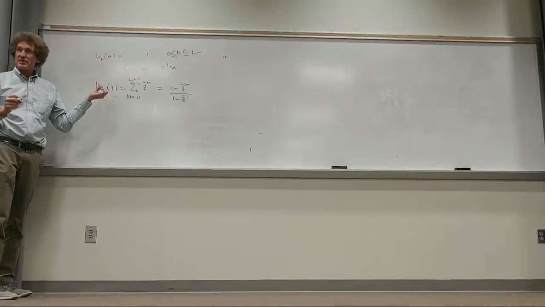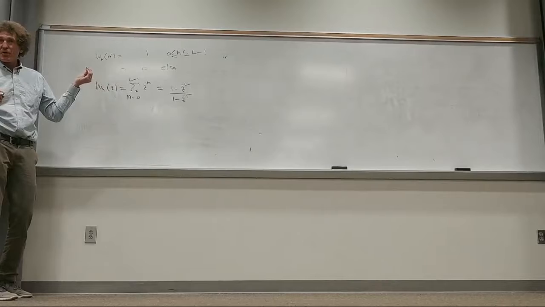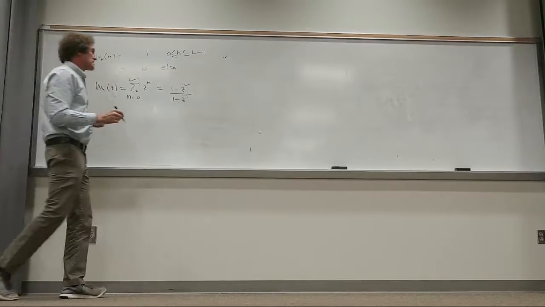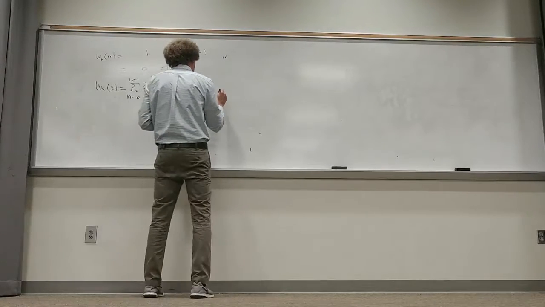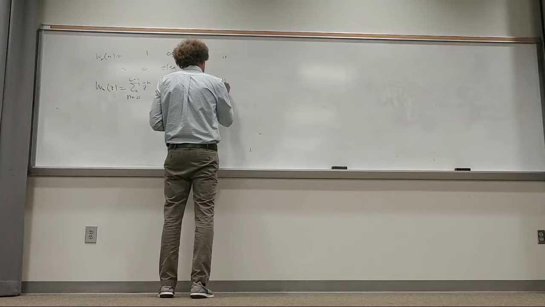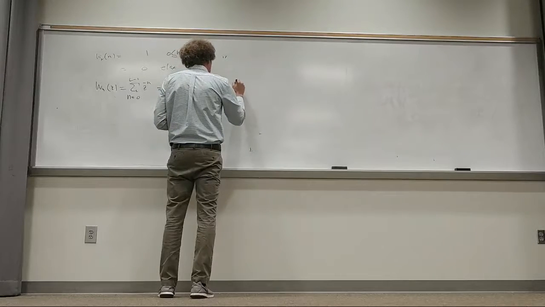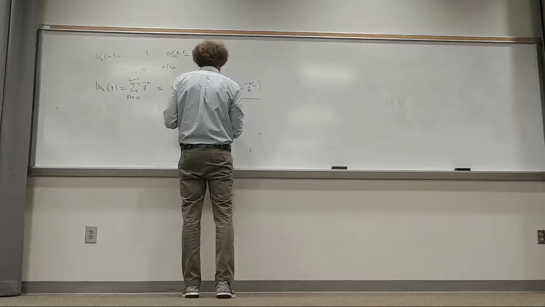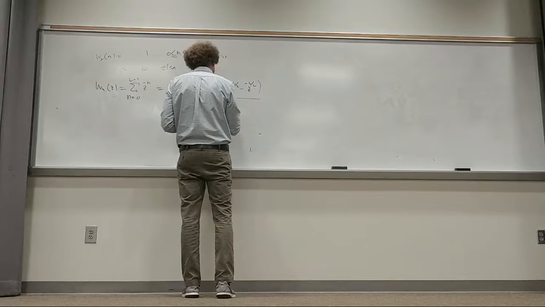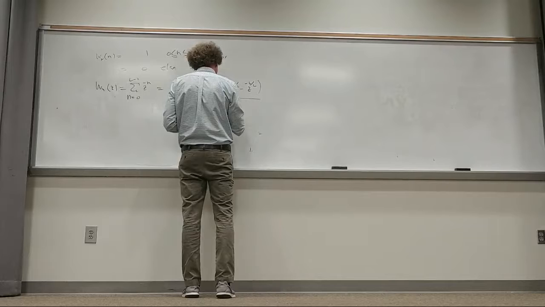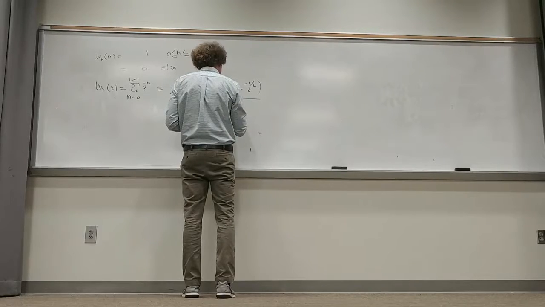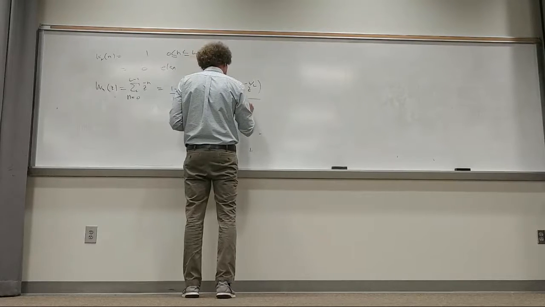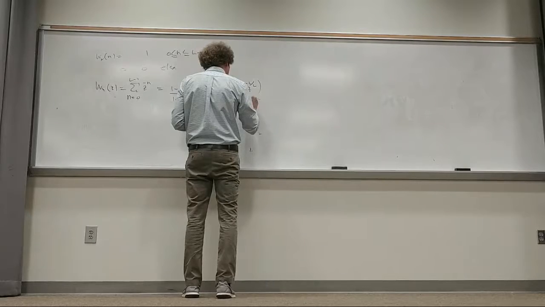This is the summation of a geometric series. Y'all remember this, guys? We get down to this point, and here I pull Z to the minus L over 2 out in front, and I get Z to the L over 2 minus Z to the minus L over 2 here, and then Z to the minus 1 half here, times Z to the 1 half minus Z to the minus 1 half.